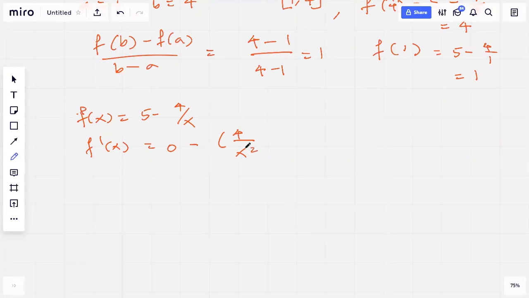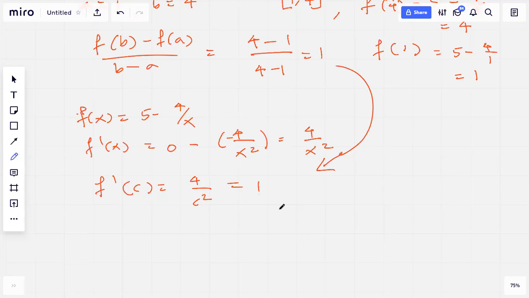So that becomes x squared in the denominator, and the negative sign cancels. So that's equal to 4 over x squared. So f prime of c is equal to 4 over c squared, and we need to equate this with 1. So 4 over c squared is equal to 1 implies c squared is equal to 4.